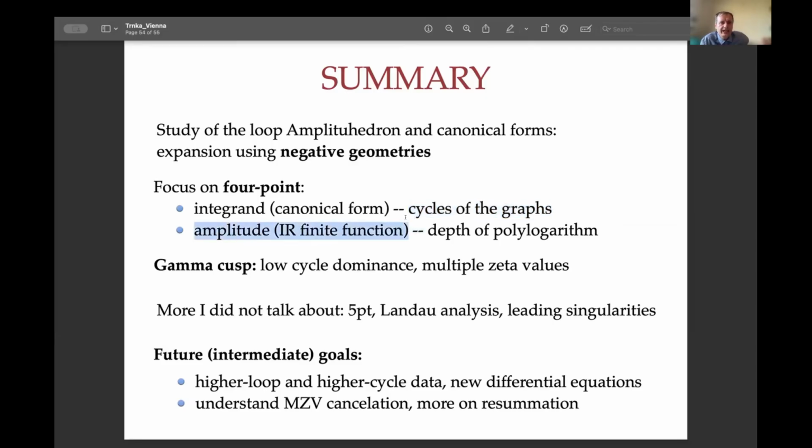We focused on this IR finite function for the amplitude, and then this cycle expansion was related to the depth of the polylog. And for the contribution to gamma cusp, it seemed that the low cycles dominate. So there seems to be at least something behind this expansion in terms of these cycles. But there is this big puzzle with the multiple zeta values' presence and how they exactly cancel.